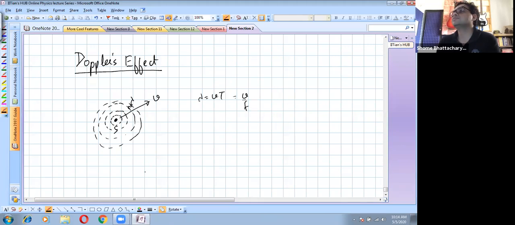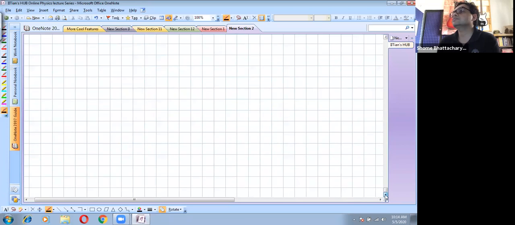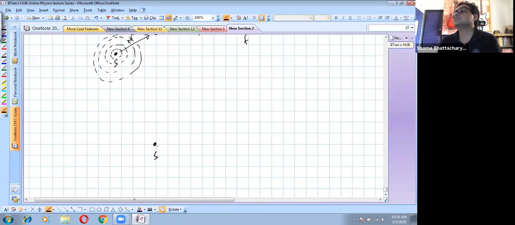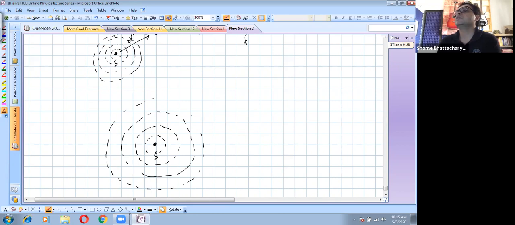But if, for example, we have a stationary source creating concentric wavefronts, and a detector who's running in like this at a speed V, or another detector who's running away from the source at a speed Vd, the velocity of the detector, whereas the source is stationary.